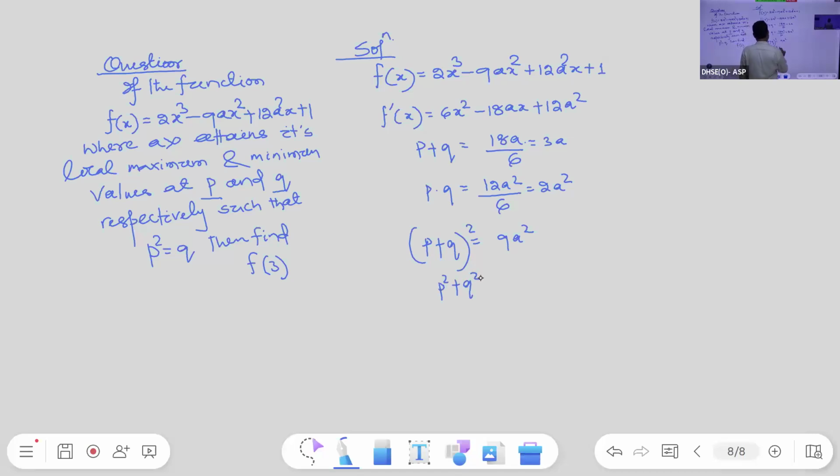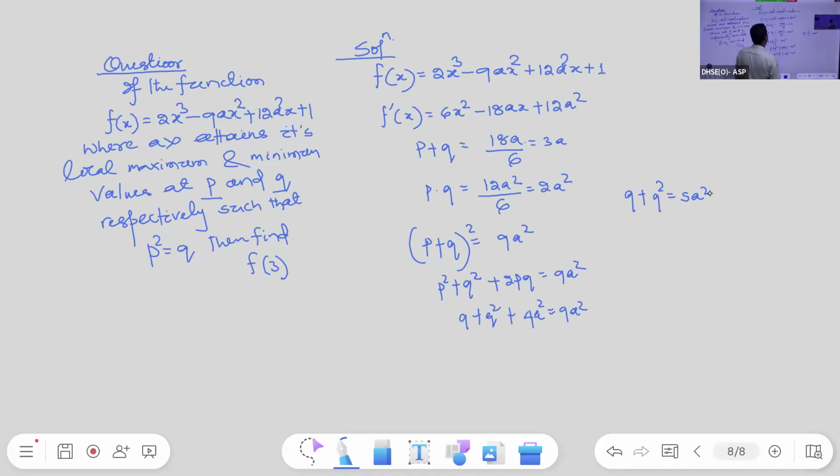P square plus Q square plus 2PQ is equal to 9a square. So P square is equal to Q, so Q plus Q square plus 2PQ, 2PQ is 4a square, equals 9a square. So Q plus Q square is equal to 5a square.